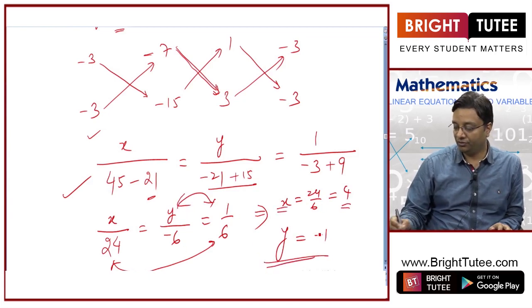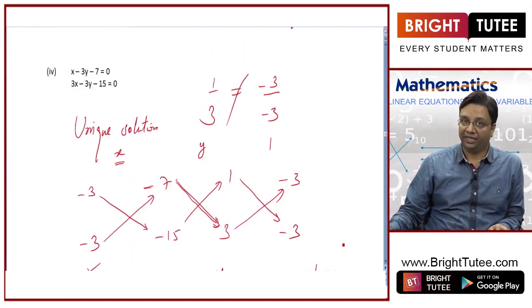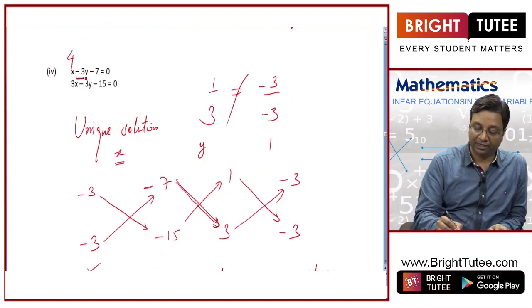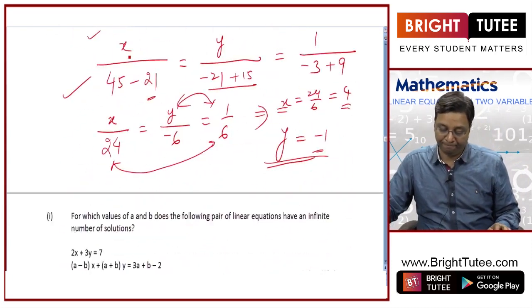So, x is equal to 4, y is equal to minus 1. You can verify this, x is equal to 4, right, y is equal to minus 1. So, it will make it plus 3. 4 plus 3 is 7, 7 minus 7 is 0. Okay.